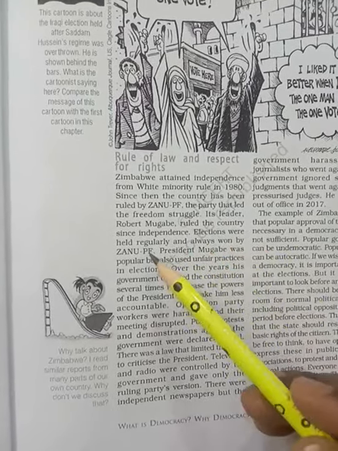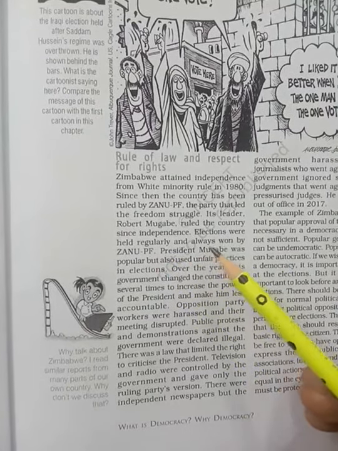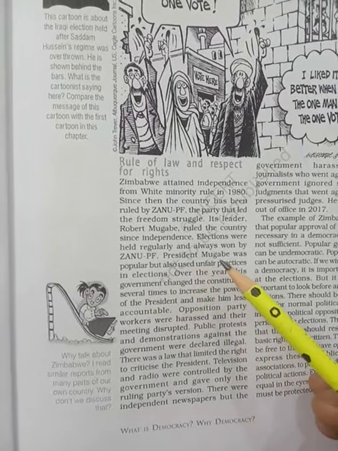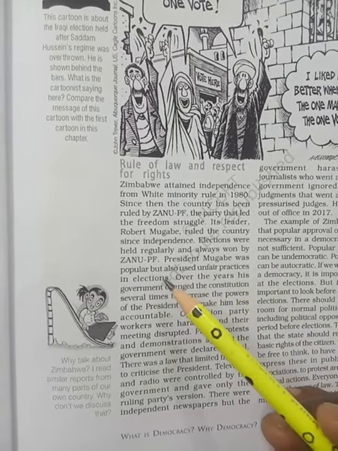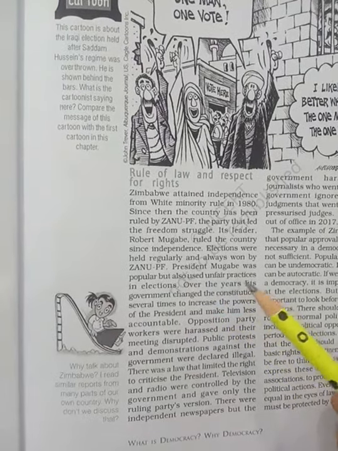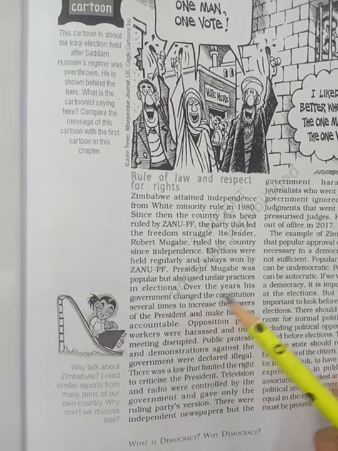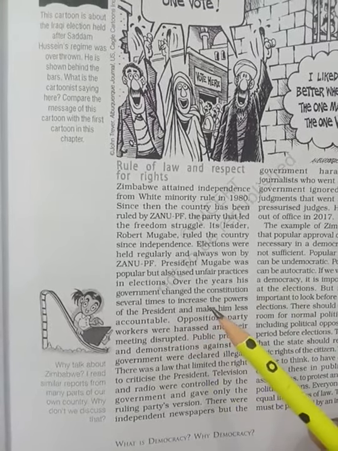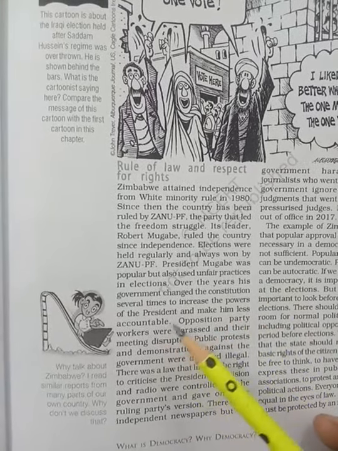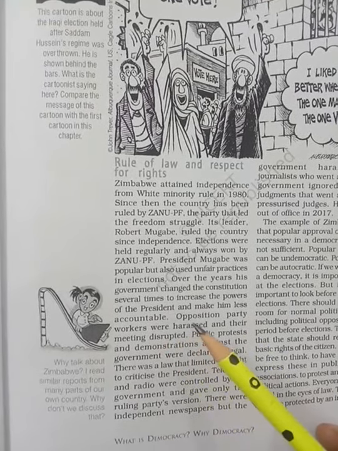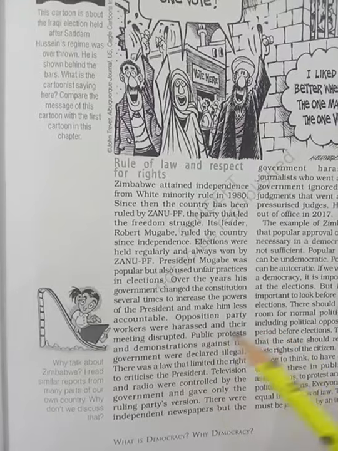Elections were held regularly and always won by ZANU PF. President Mugabe was popular but also used unfair practices in elections. Over the years, his government changed the constitution several times to increase the powers of the president and make him less accountable.